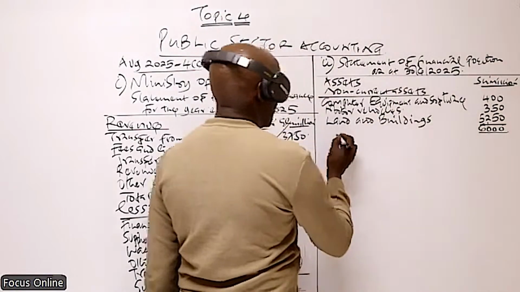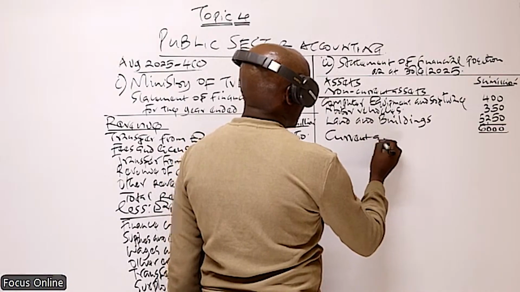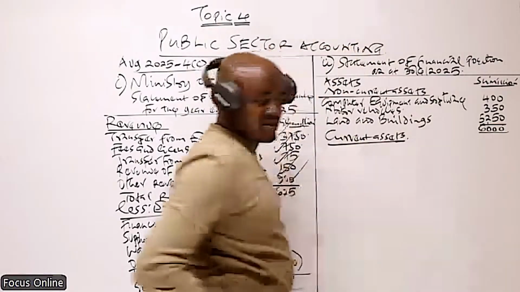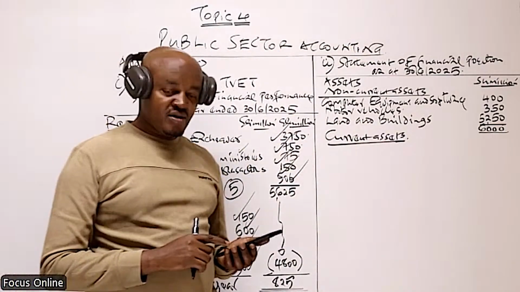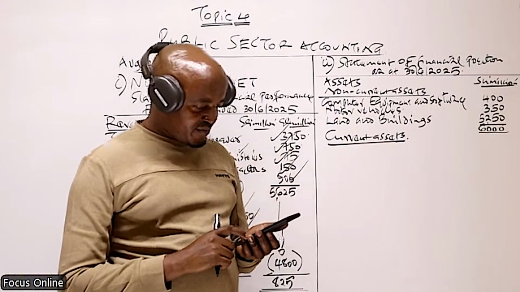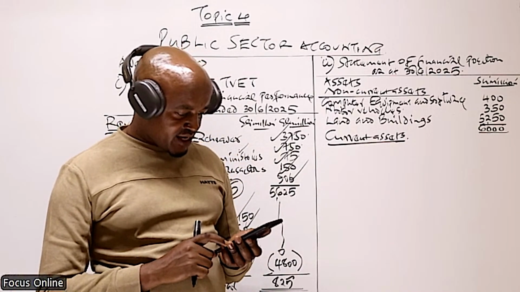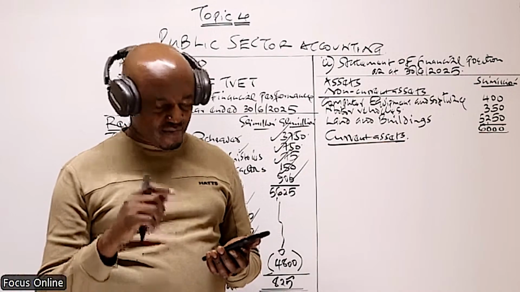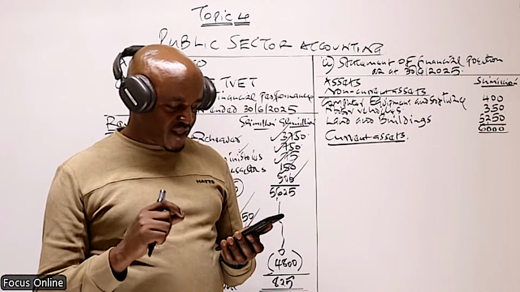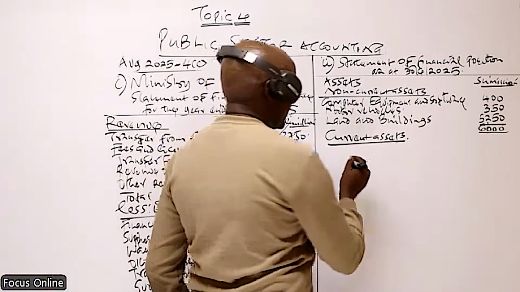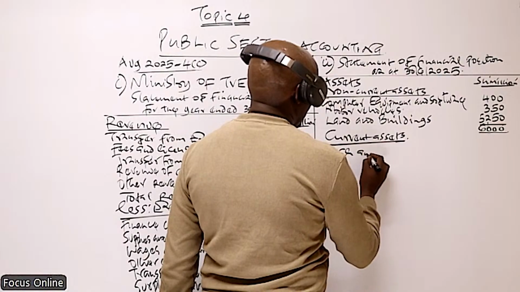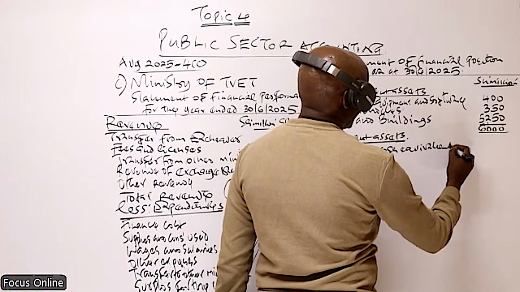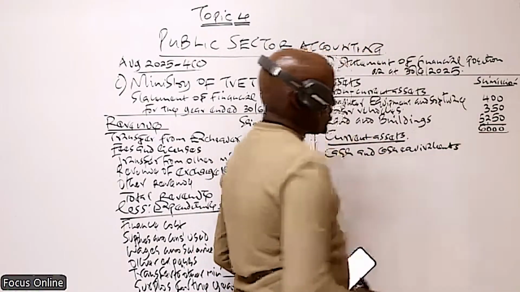Then we proceed to record the current assets. We can start from where we have cash and cash equivalents. And maybe someone may ask, what is cash?